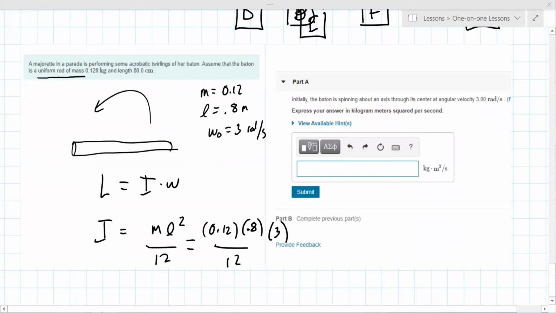Let's see if that works. Let me multiply that. 0.12 times 0.8 times 3 divided by 12. Is it 0.08? Yep, 0.08.